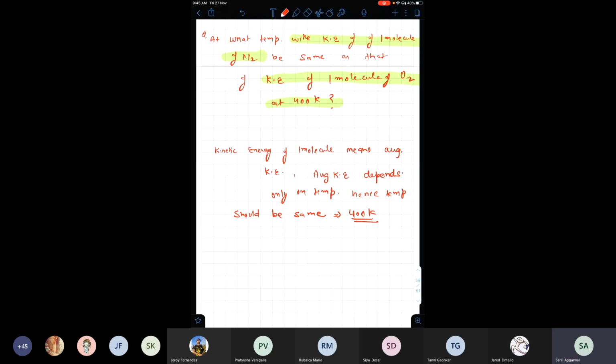ओके प्रत्युषा, दीपिका, I know that. I did using that 3 by 2. 3 by 2 R by NA T is 3 by 2 KT. 3 by 2 into K is a constant. That means it depends only on temperature. So you have done correct only.